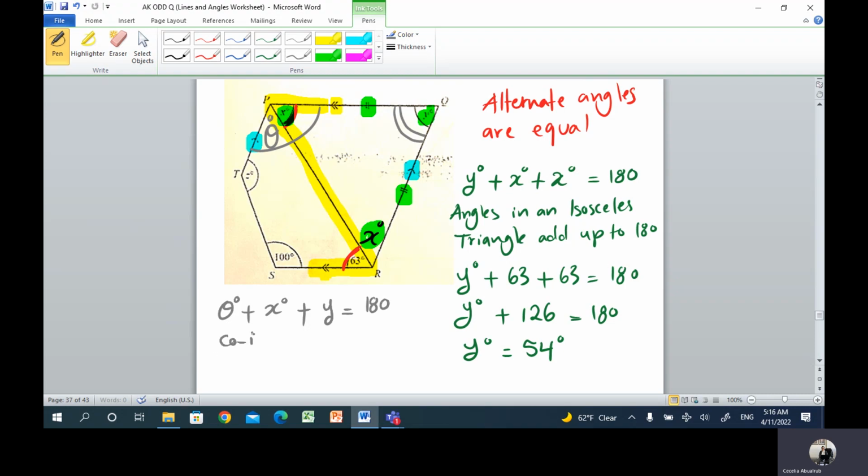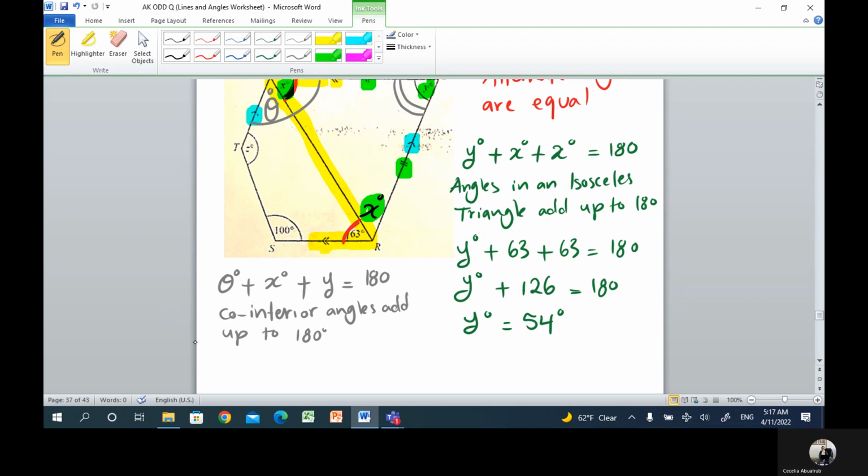So co-interior angles add up to 180 degrees. Accordingly, theta is the unknown. So theta plus x, we found x as 63, plus we found y as 54 degrees is equal to 180 degrees.